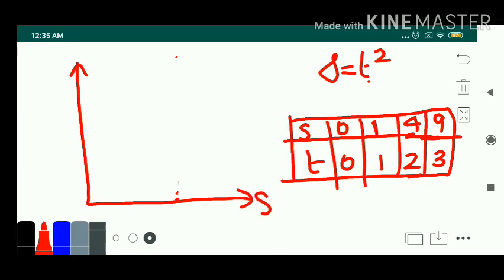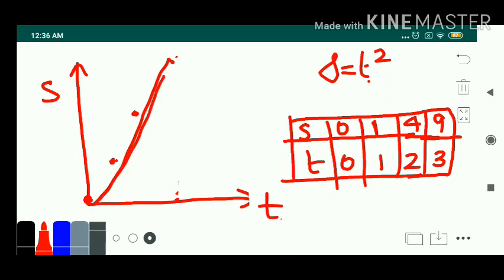Now I'm going to plot these values in a graph. Let's say this is t and this is s. Initially it's 0, then when t is 1, s is 1, then 2, then 3, and I plot the graph.